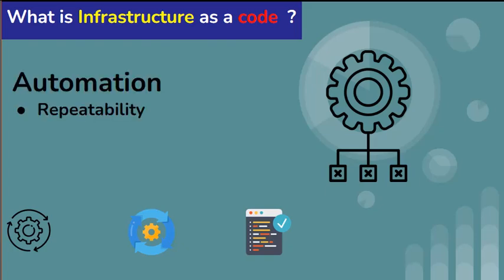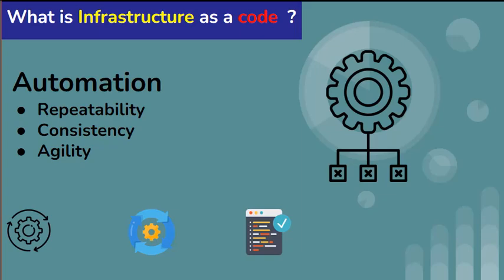In IaC, the infrastructure is described in code and managed through a version control system, like Git, Bitbucket, and many more, just like any other software project. This approach provides a number of benefits over the traditional manual management of IT infrastructure, including repeatability, consistency, and agility, right?